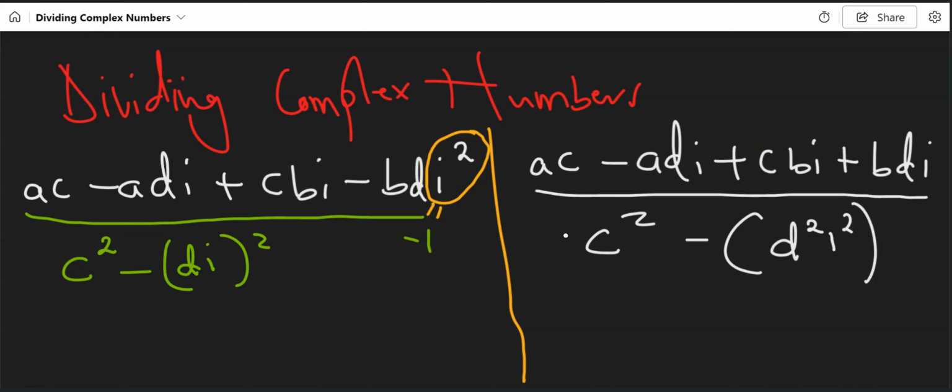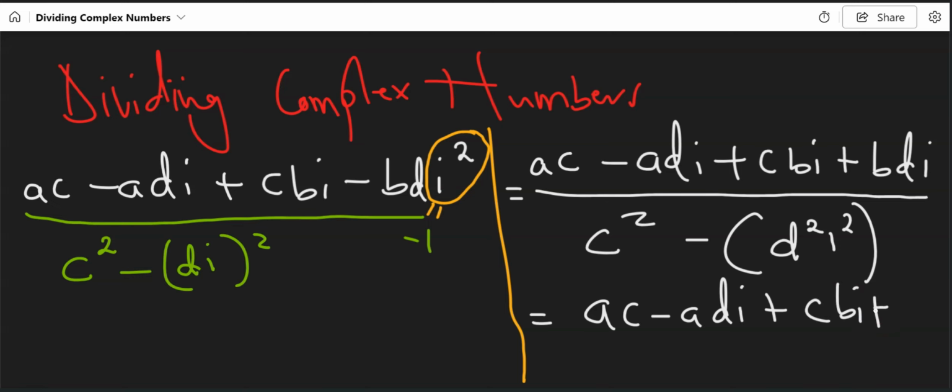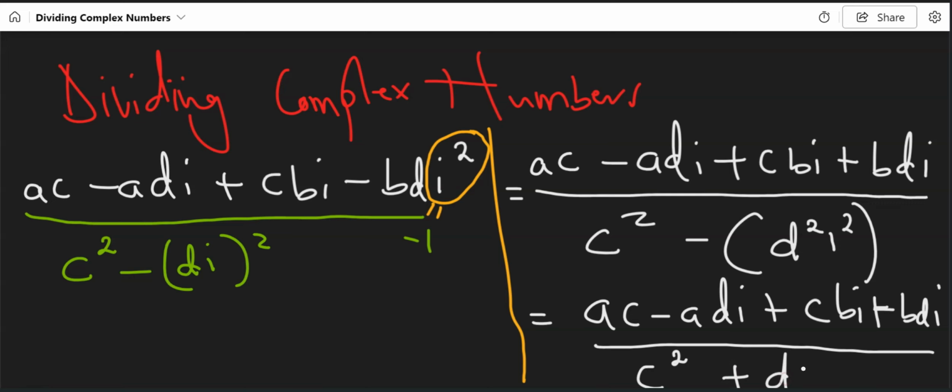So the final thing will be ac minus adi plus cbi plus bd, divided by c squared, and since i squared is negative 1, plus d squared. This is the answer for now.